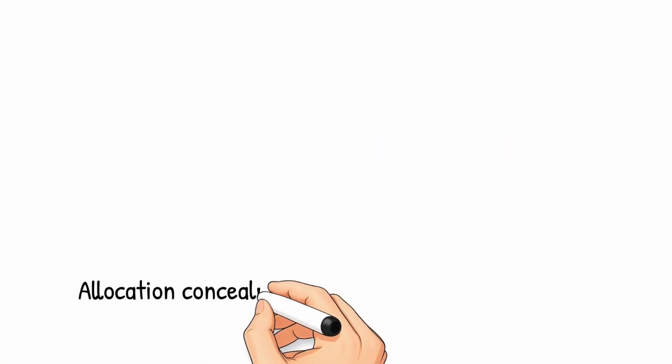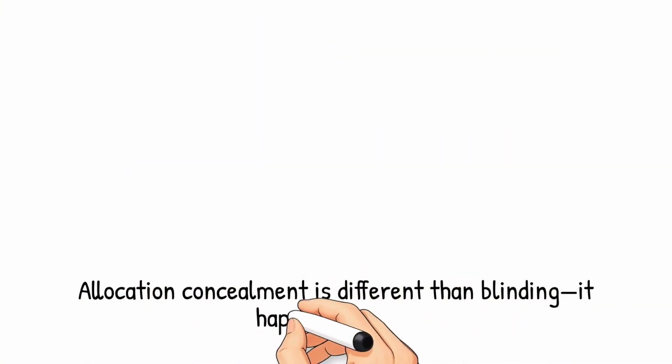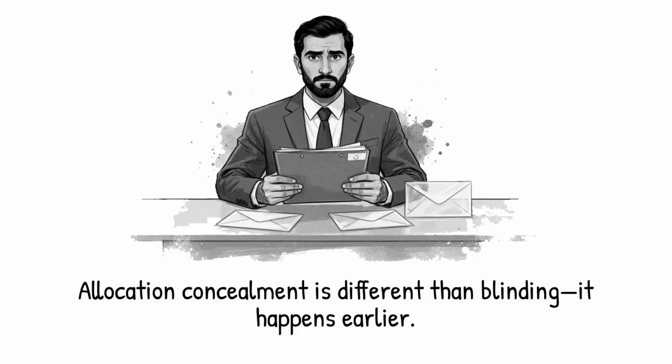One important concept related to this is allocation concealment. This is not the same as blinding. Blinding happens after the patient is assigned to a group. Allocation concealment happens before assignment. It means the person enrolling patients does not know which group the next patient will enter. Why does this matter?